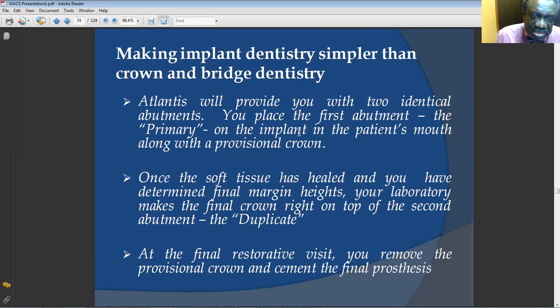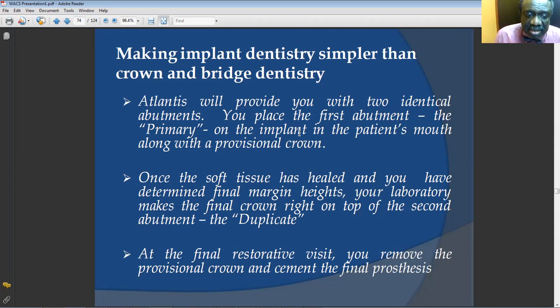So Atlantis will provide you with two identical abutments. You place the first abutment, the primary, on the implant in the patient's mouth along with a provisional crown. Once the soft tissue has healed, you have determined the final margin height.